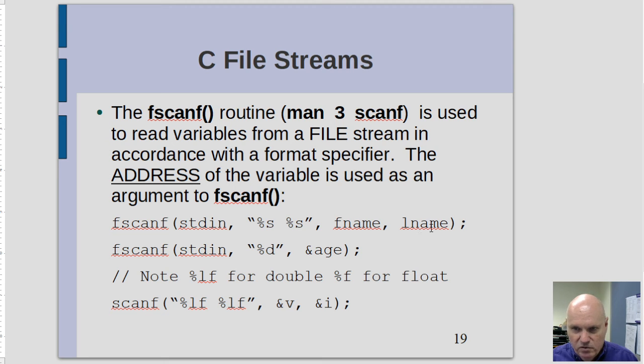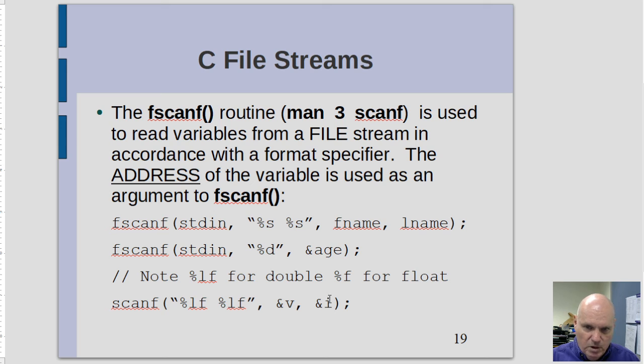Now strings, the name of a string is automatically its address because strings are arrays. But here, if we want to read a value from the keyboard into an integer, we need to have the corresponding format specifier, %d, and then the ampersand here is going to pass as this argument the address of age and not the value of age.